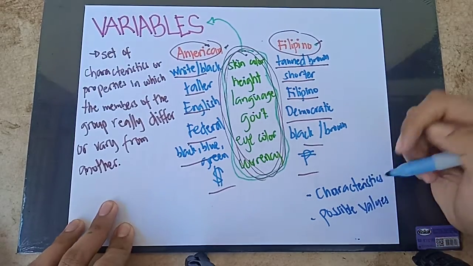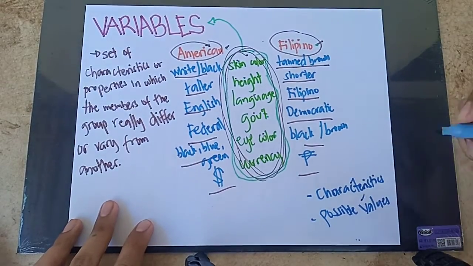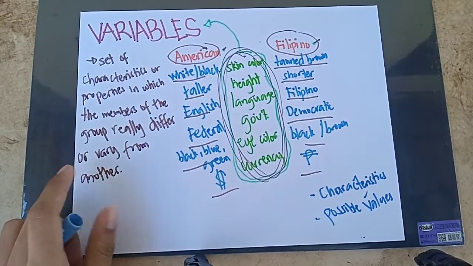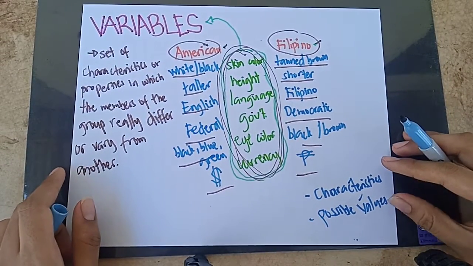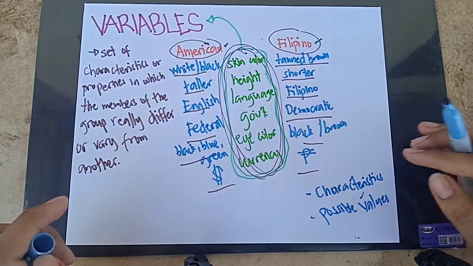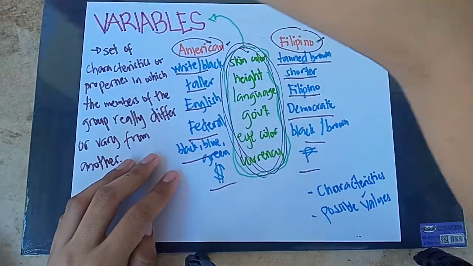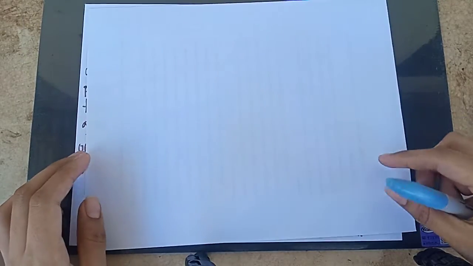So what is the main difference between characteristics and possible values? In order for us to discuss the main difference between characteristics and possible values, we will have this example.